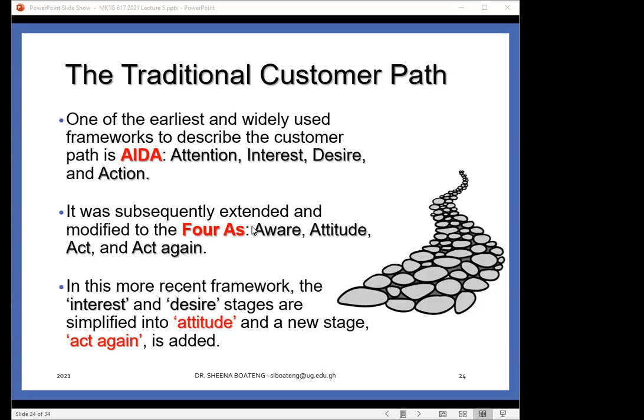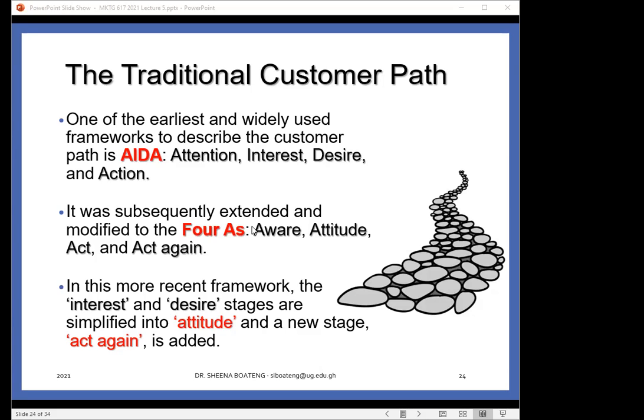Because over time, marketers identified certain loopholes and certain aspects of the customer path that were not covered in the original AIDA model. So the AIDA model was extended and modified to the 4 A's to be able to close these gaps along the customer path that were not previously being considered.